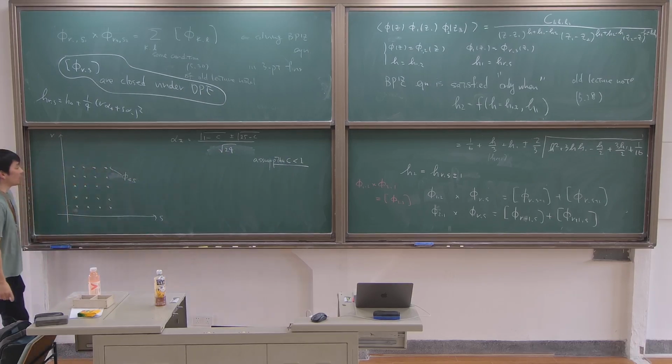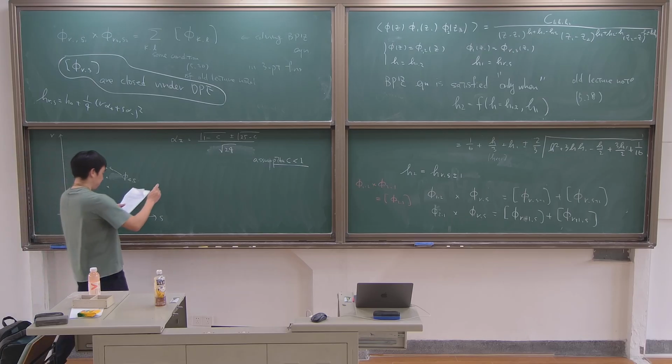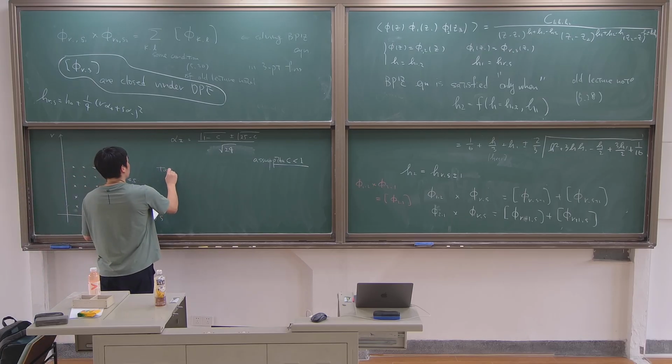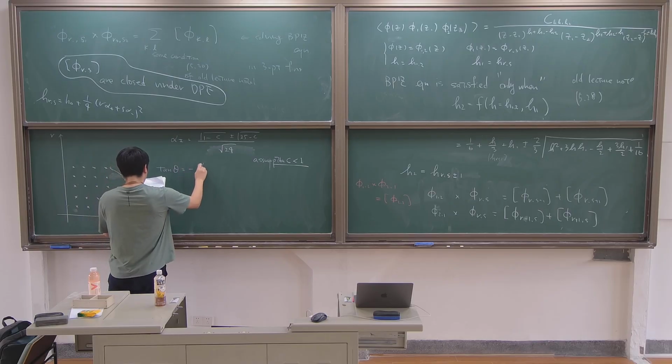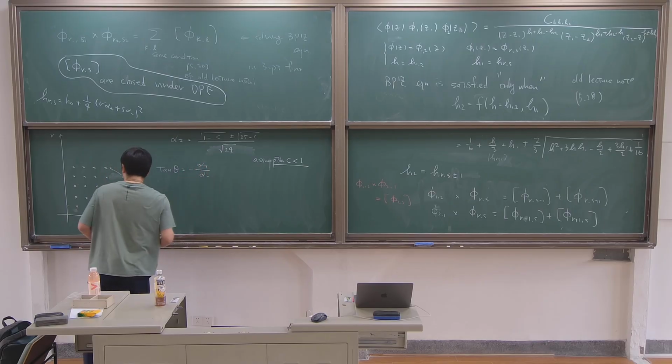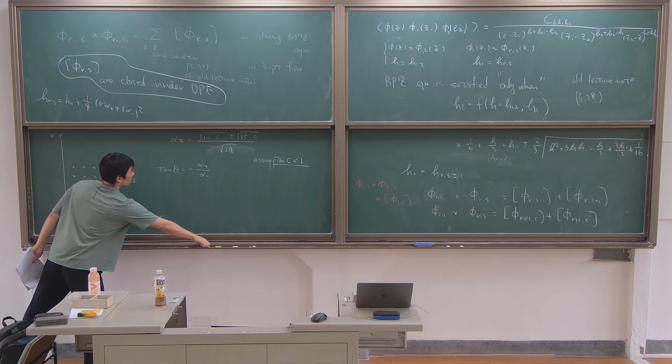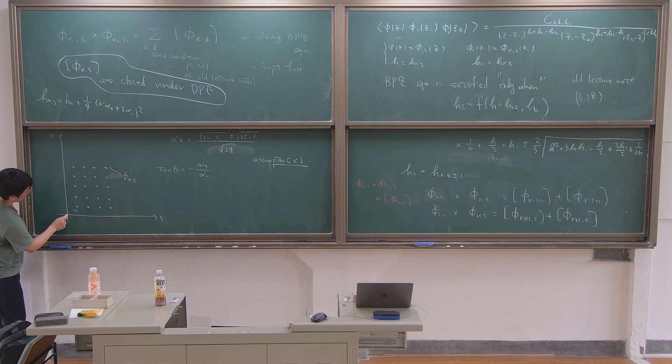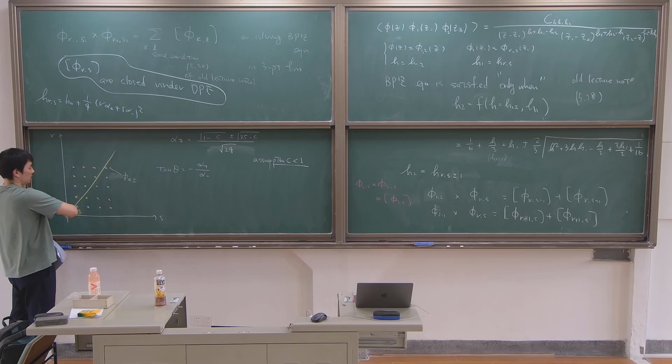So if C is less than 1, all the conformal weights can be derived as follows. Tangent theta is given by minus alpha plus divided by alpha minus, and theta is the angle of this line.